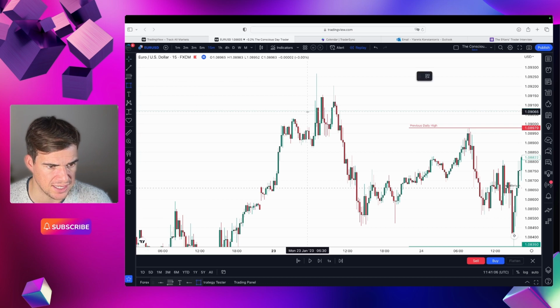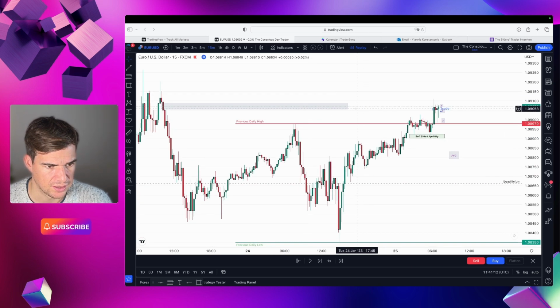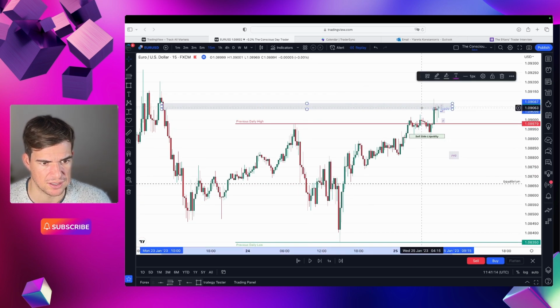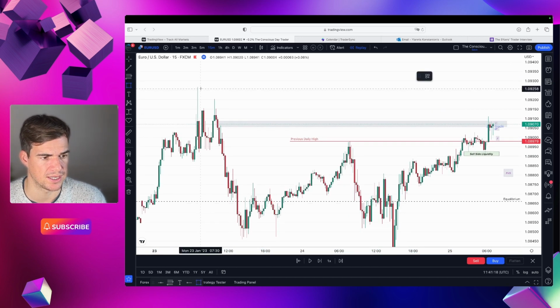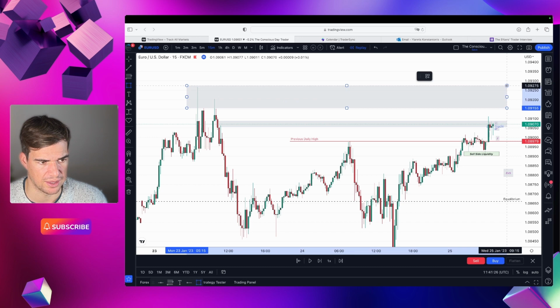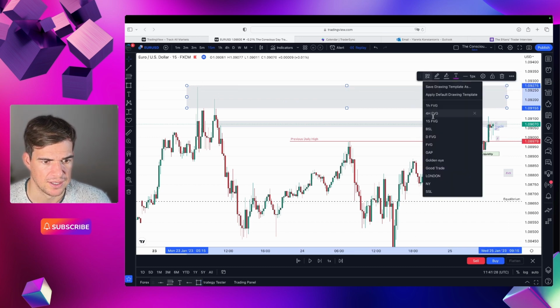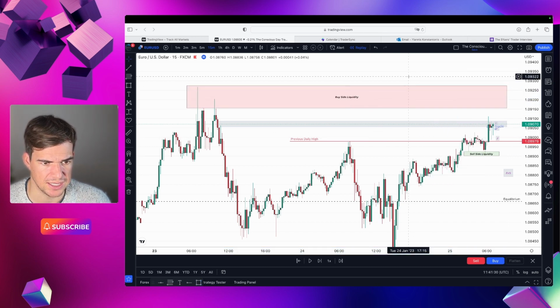And as you can see, there's a fair value gap there that hadn't been fully fulfilled. It came in and took it out, failed to break the highs above here, which would be your buy side liquidity. You can take this, but because you've got multiple touches here, you can take that there, including the wick. That would be your buy side liquidity.